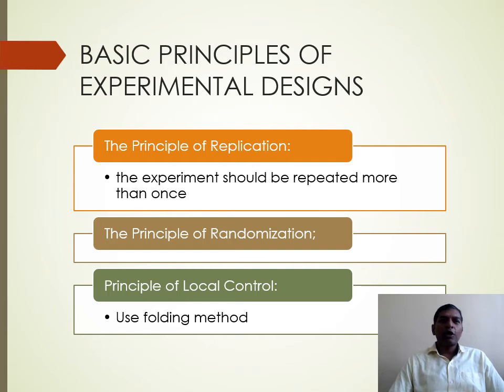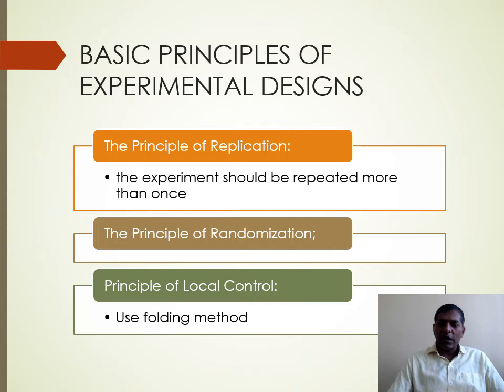Principle of local control. When we have a huge data, then we partition the data into a number of parts. Some part will be provided as a testing phase, and the remaining data will be used for the training phase.